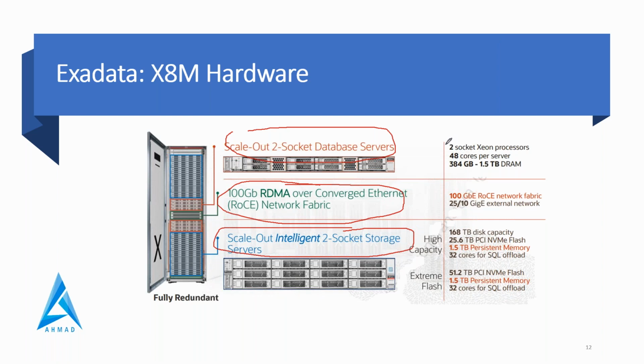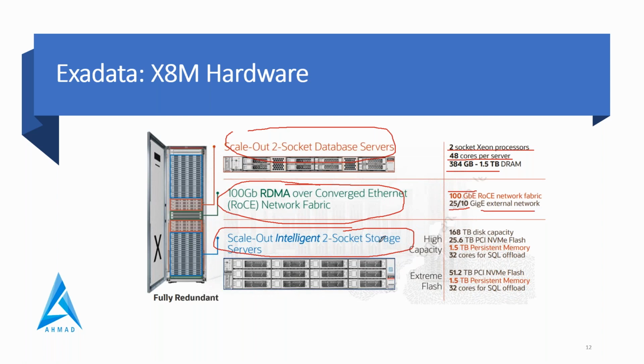Here you have two socket Xeon processors, 48 cores per server, and 384 GB to 1.5 TB DRAM. So that is the fastest RAM. And if you are talking about the network, you have 100 GB and you have 25 by 10 external network.